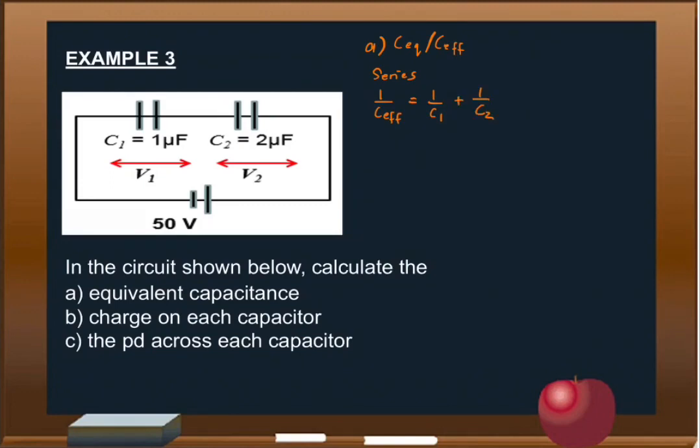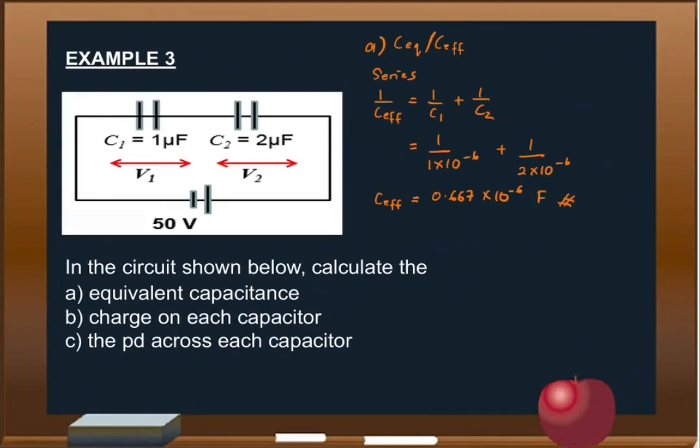The values of capacitance are given, so just substitute in. 1 over 1 times 10 to the power of negative 6 plus 1 over 2 times 10 to the power of negative 6. And you will get C effective equal to 0.667 times 10 to the power of negative 6 farad.